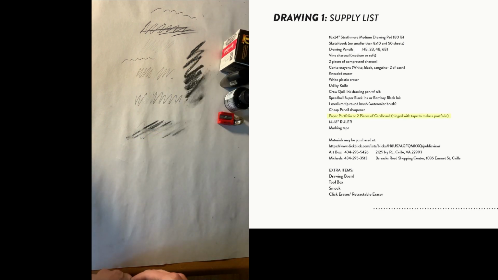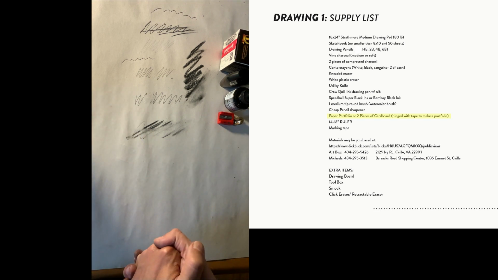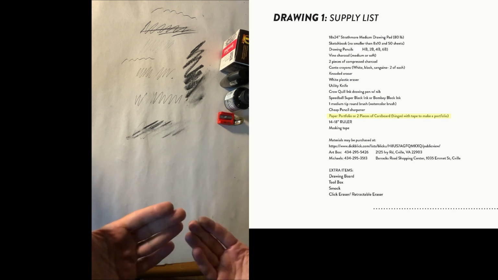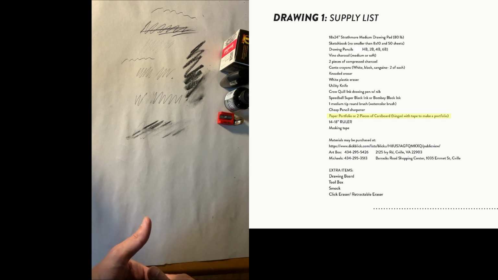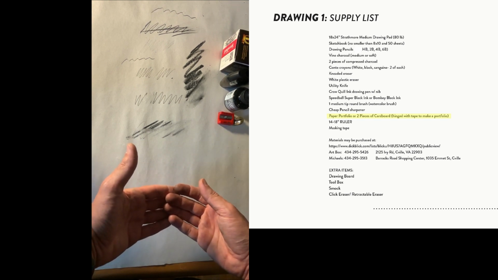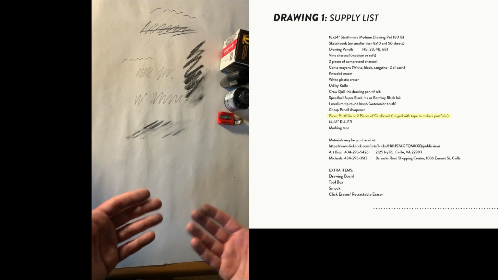And the next thing I'd like for us to have is a paper portfolio. Now, a paper portfolio is optional. You can use 2 pieces of cardboard to create a hinge and create a paper portfolio. It's not mandatory that you get a portfolio because I won't be picking up a portfolio in an asynchronous class, but it's nice to store your art in something. You can always store it in the back of your drawing pad, but I'm not requiring you to get a portfolio, but I'm saying that it might be something that you want to get.